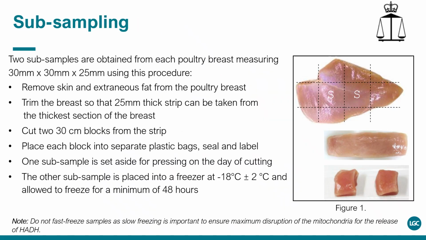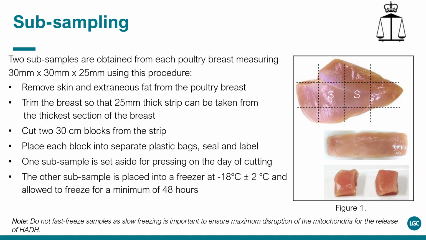2 subsamples are obtained from each poultry breast measuring 30 mm by 30 mm by 25 mm using the following procedure. The skin and extraneous fat are first removed from the sample poultry breast.